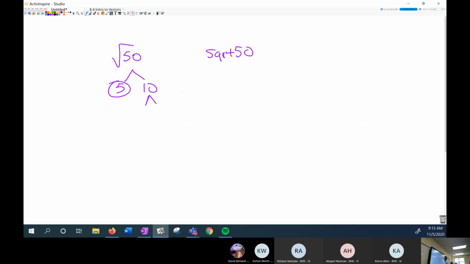But 10? 2 and 5. Once I get all down to prime numbers, I look for pairs. So square root of 50, I can break down. I got a pair of 5s. I write the 5 outside. So really, what I need to have in Canvas is 5 SQRT2. No spaces, all jammed together like that.